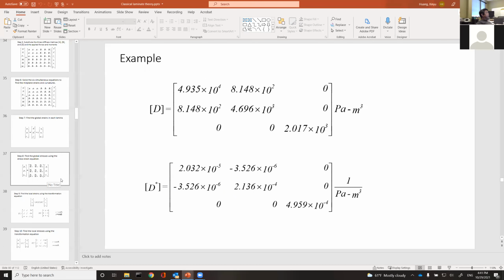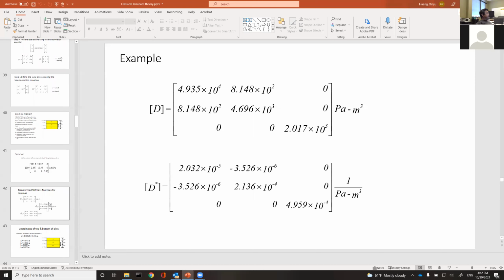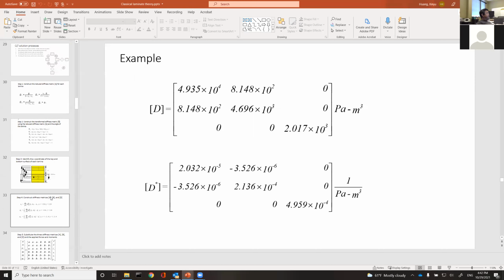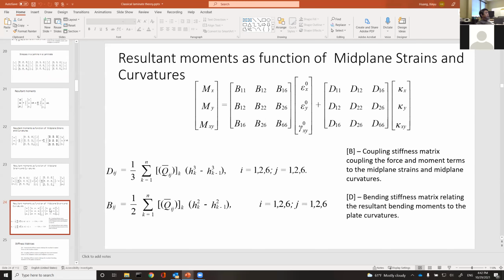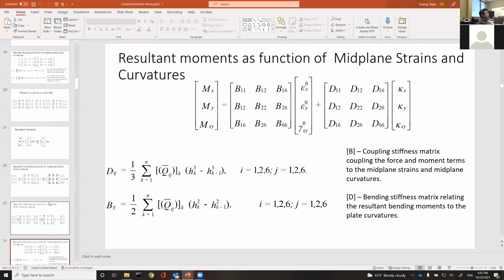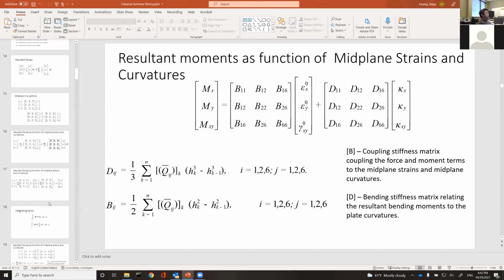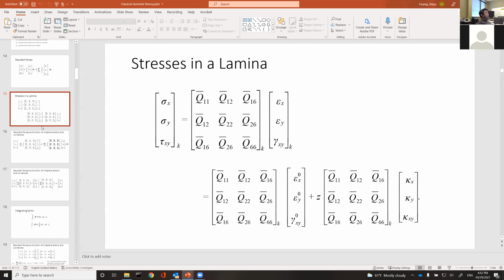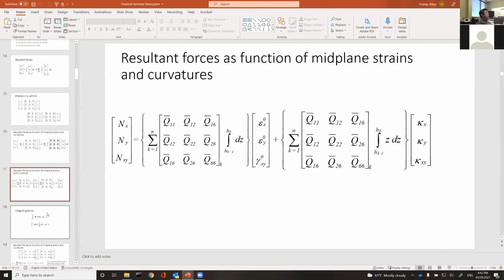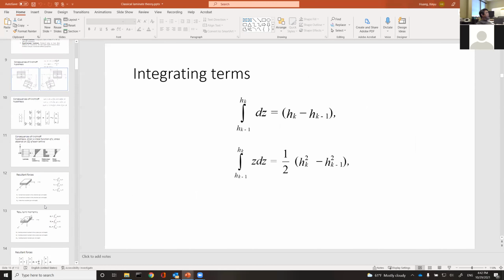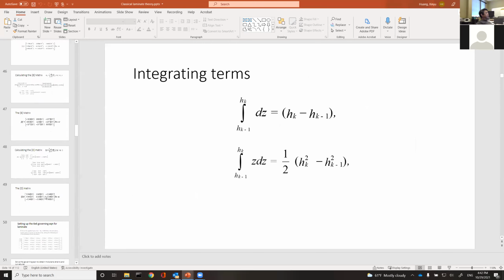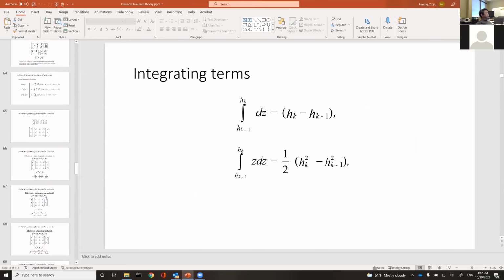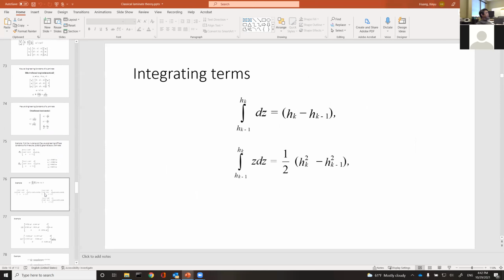Where did I put it? The alpha. I lost my alpha. All right, so I need to add one more slide on there. But anyway, I want to explain verbally.